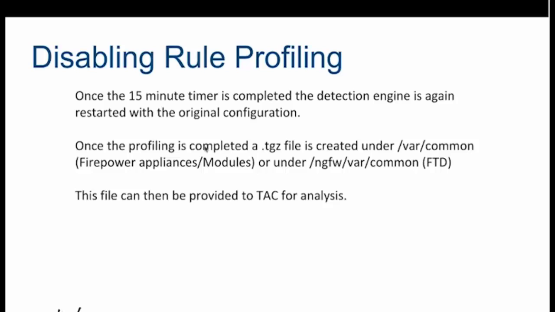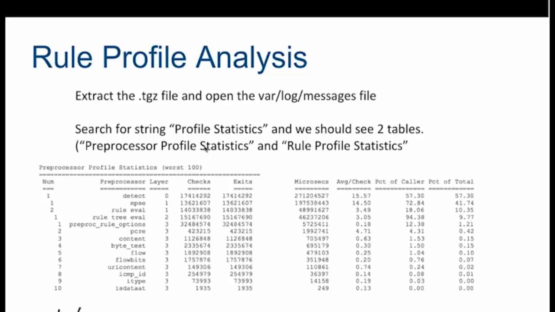This file, the customer has to share with the TAC to figure out which component is causing the problem. Those statistics look like the output given in the screenshot. It shows a preprocessor, the microseconds, and the checks. The node has multiple components, and the CPU is used by those components.